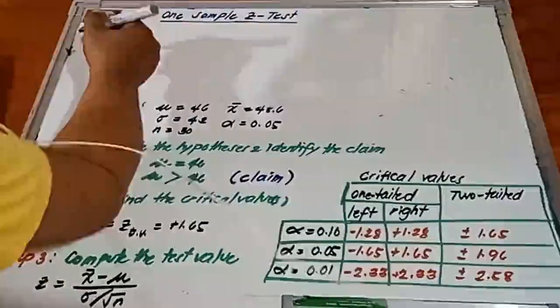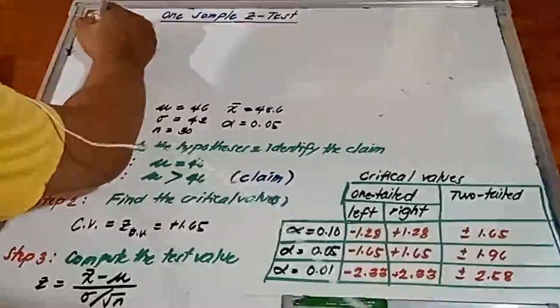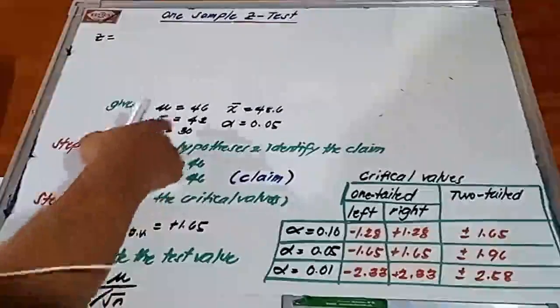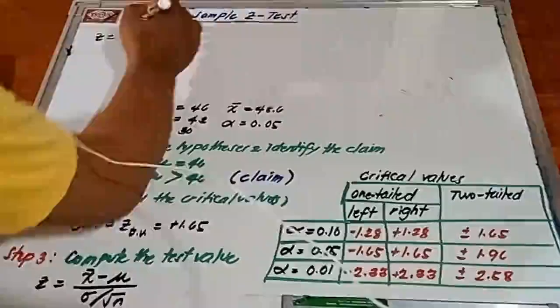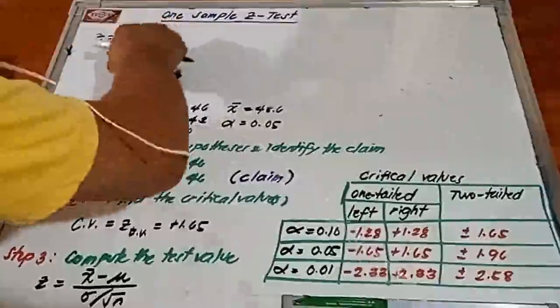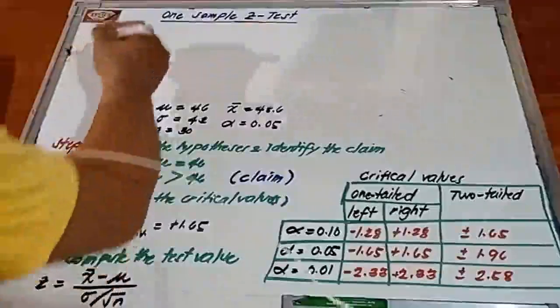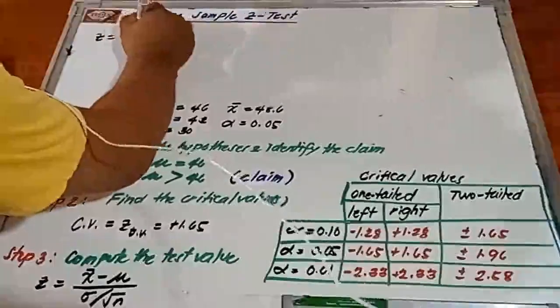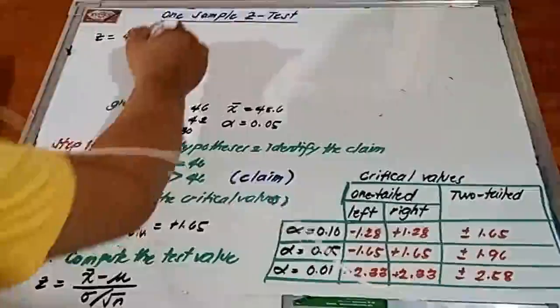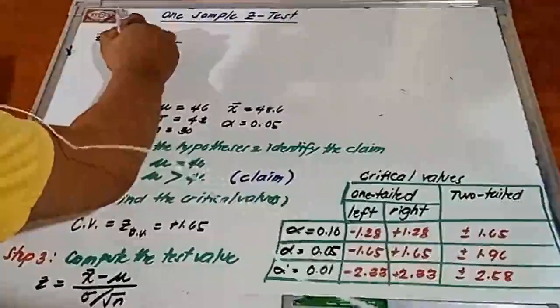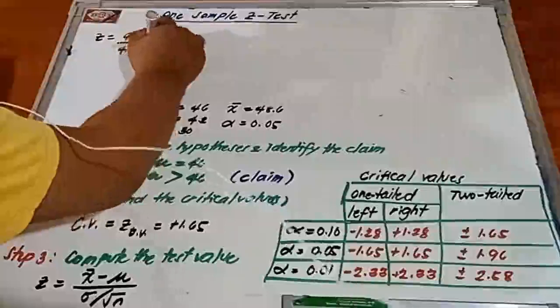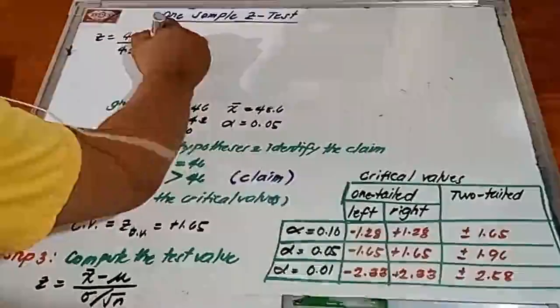So, we have Z equal to X bar is 48.6 minus mu is 46 over sigma is 4.2 divided by square root of 30.